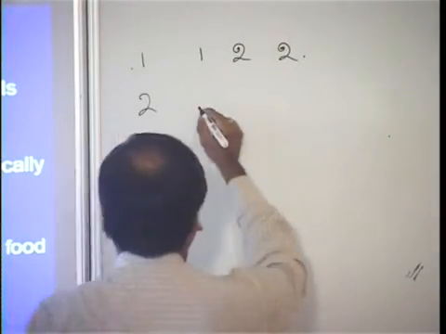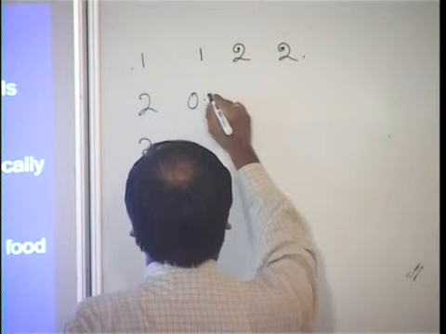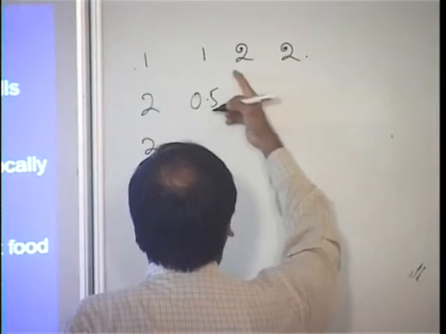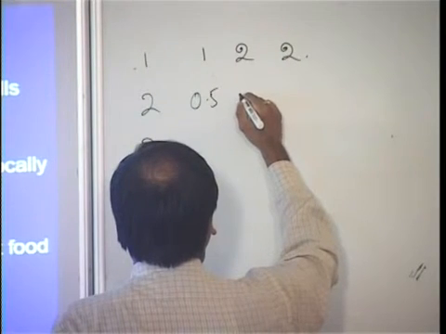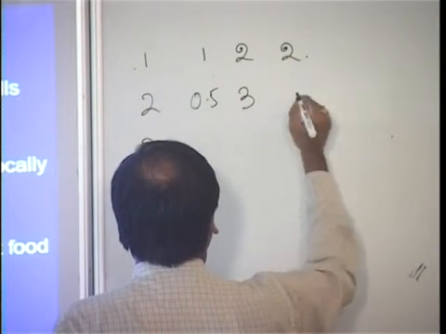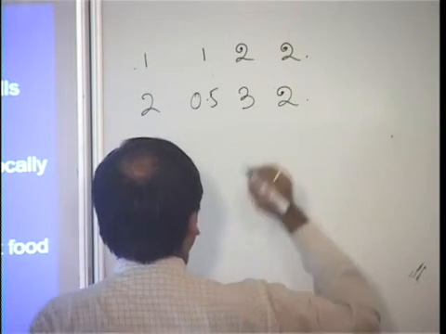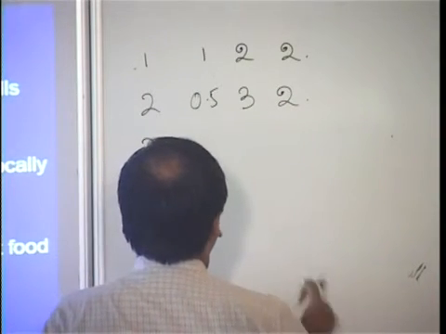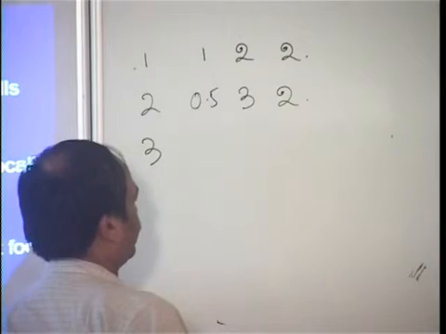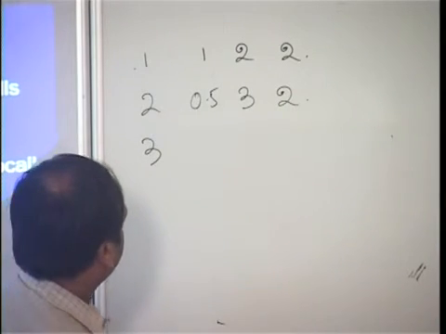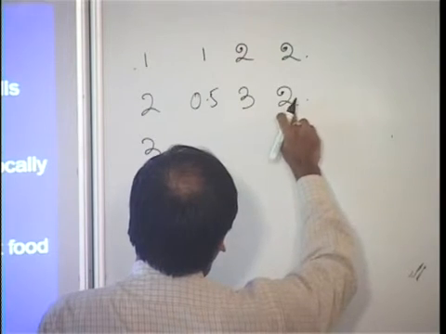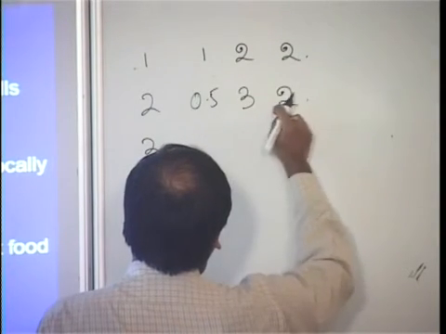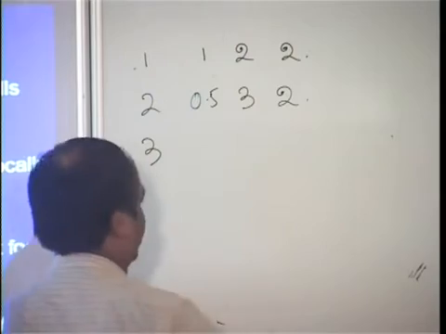Okay, so 1, 2, 2. Next one is 0.5, 3, 2.